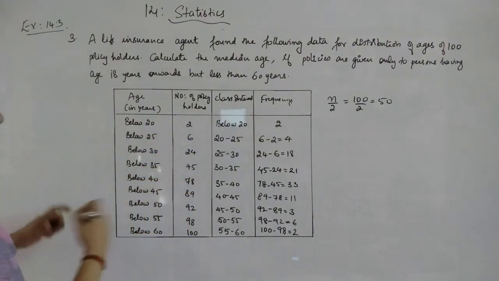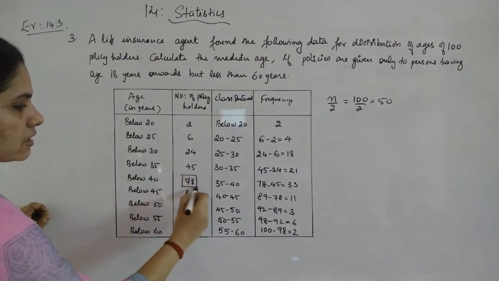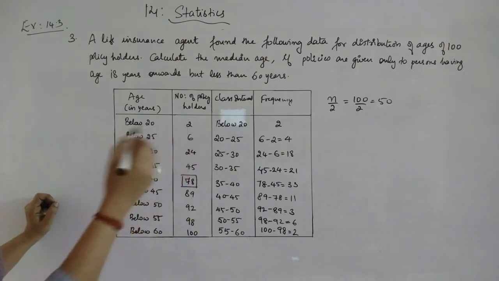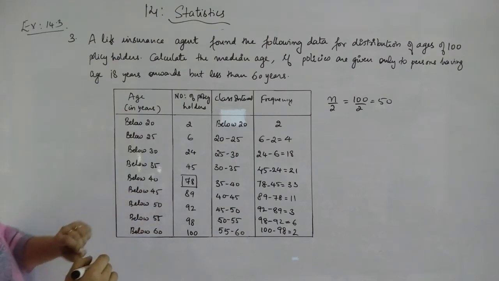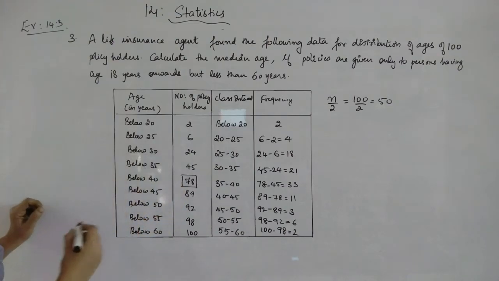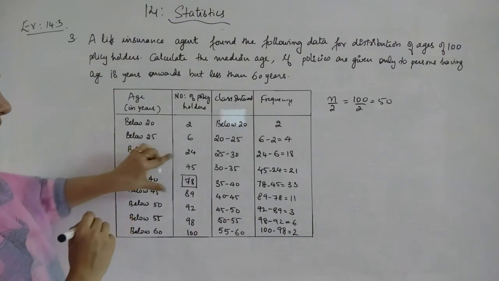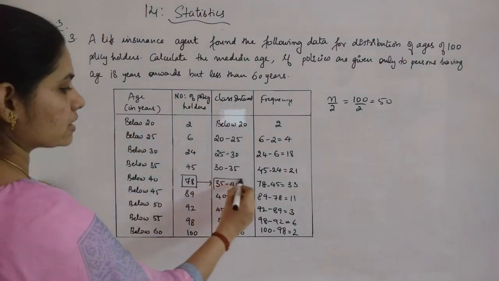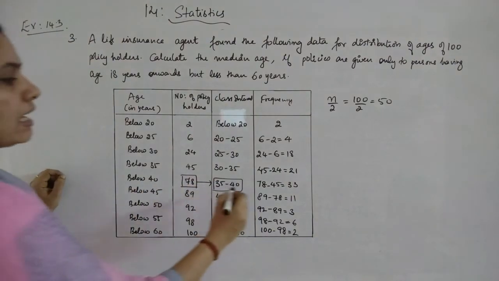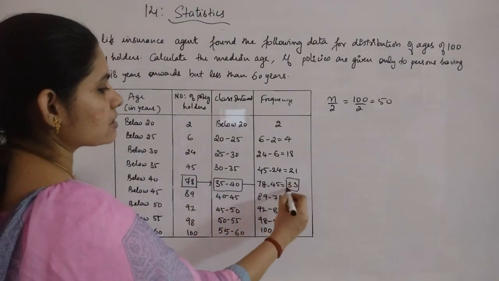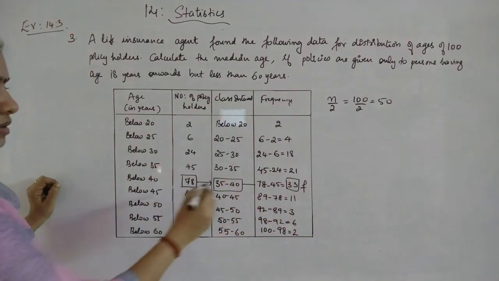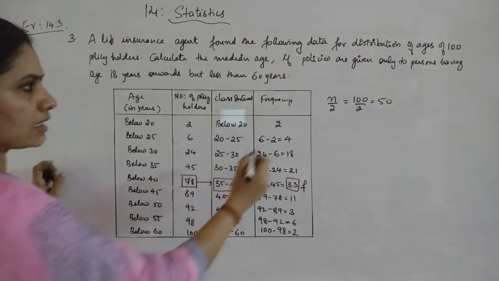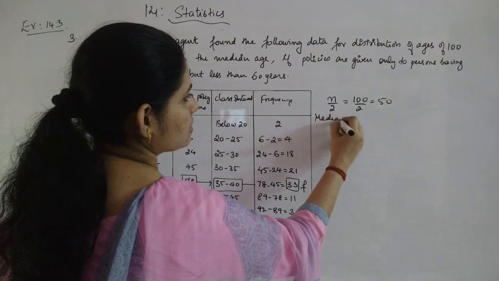So here you can see that the next greater value than 50 is 78, because below that you have 45. So 78 is the corresponding cumulative frequency, and the corresponding class interval will be the median class, with this as the corresponding frequency.